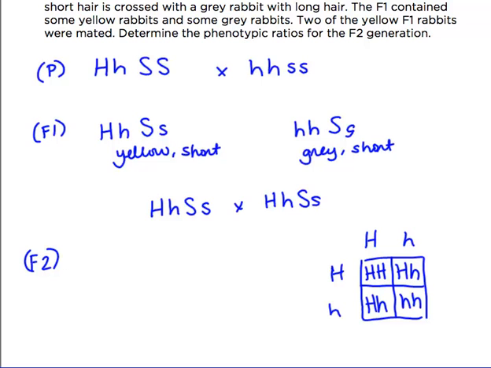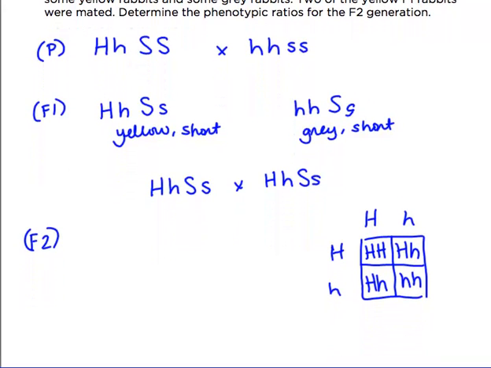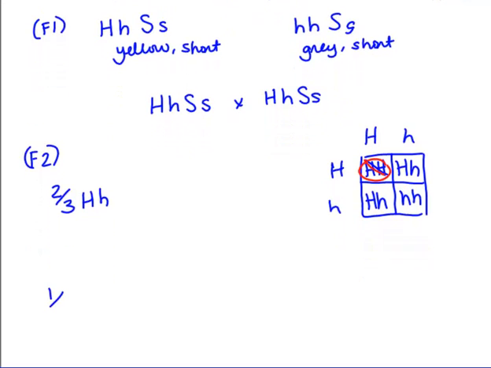So if you remember from the question, it says that big H is lethal, which means this is not a viable offspring here. So there's only 3 viable offspring. So there's a 2/3 chance of being big H, little h, and a 1/3 chance of being little h.